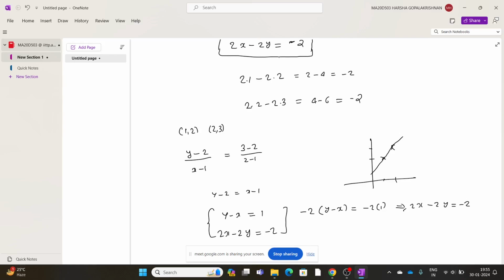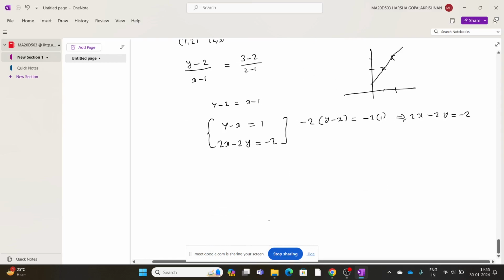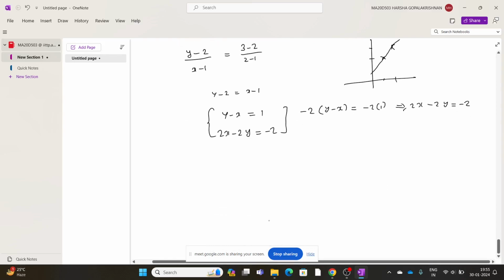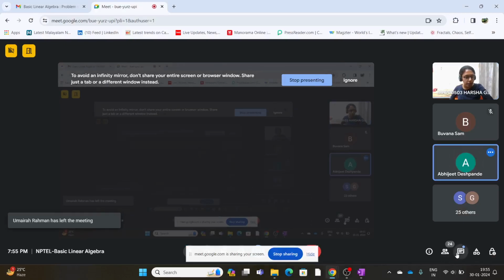So the earlier one covers all the constant multiples also. That is the only difference. If we find a linear equation as a straight line, we get the simplified form, and this also we can simplify by dividing throughout by 2. So this is how we can obtain the linear equation. Is that fine for everyone? Yes, madam. Okay.